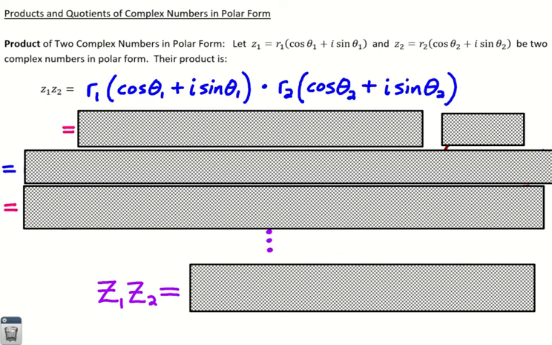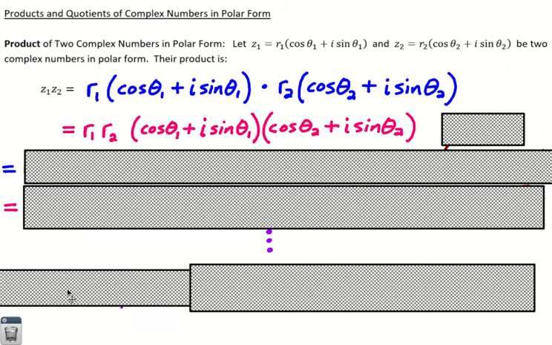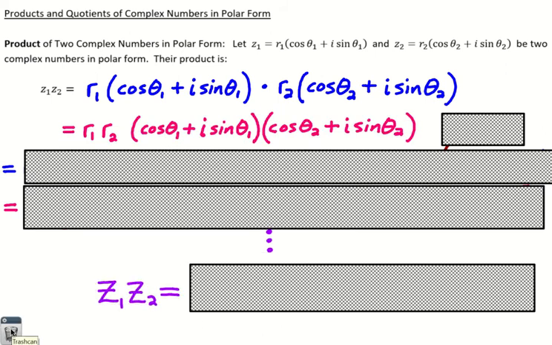Product means multiply. So a little bit of quick investigation. We'll probably be spending more time in class doing this. Maybe, maybe not. But to fast track the video, this would start by multiplying R1 times R2 together.